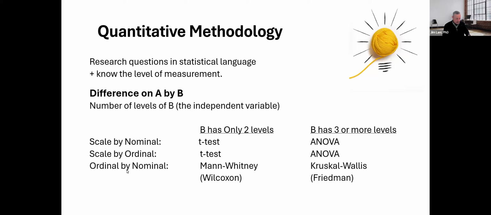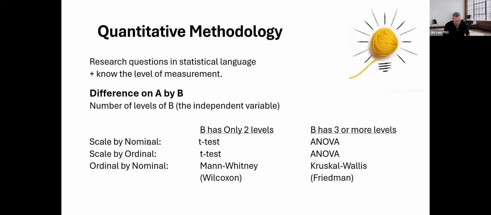I have an actual satisfaction score from 1 to 7 by some nominal high versus low income, for example. When that income or SES is just 2 levels, high versus low, I'm doing a t-test. It happens to be an independent samples t-test.